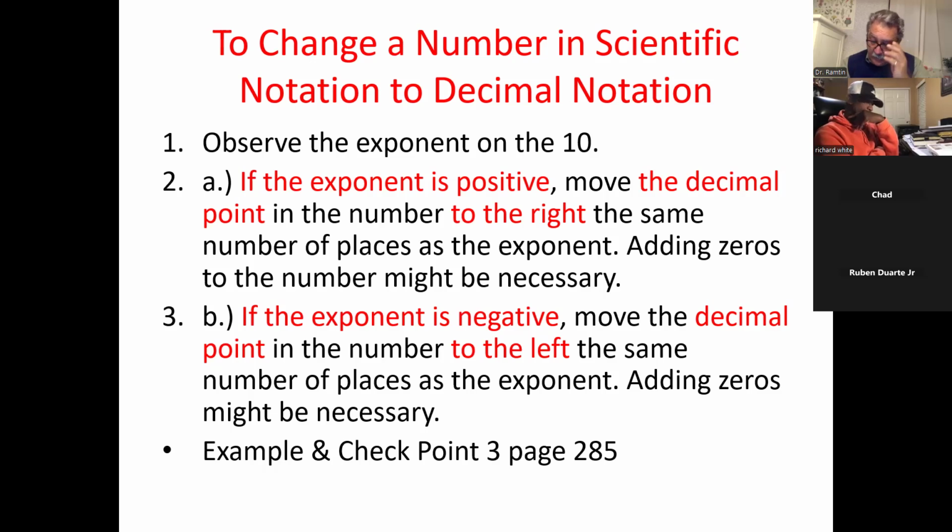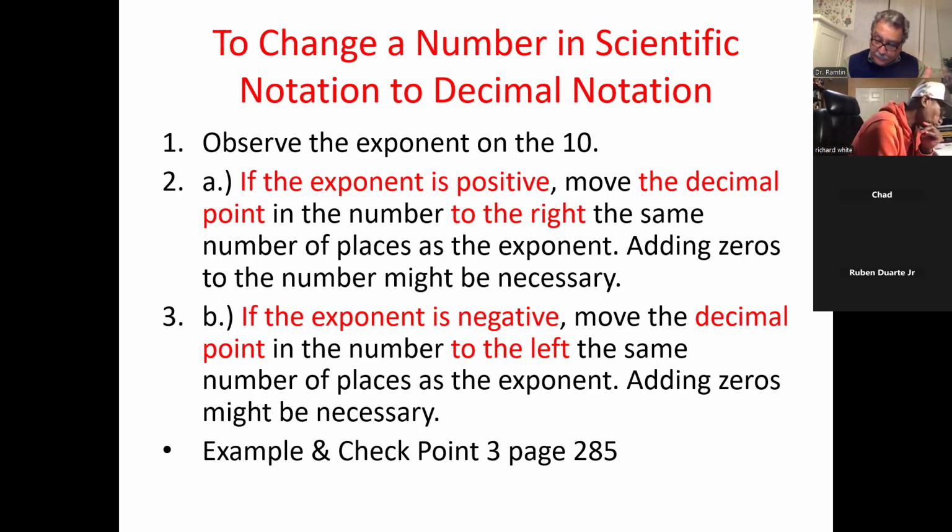Now, if the exponent is negative, you move the decimal point to the left. 1.1 times 10 to the power of minus 4. You take that decimal point and go left. You go 1, so it becomes 11, then 2, 3, and 4. So you have 0.00011, because the exponent is negative.